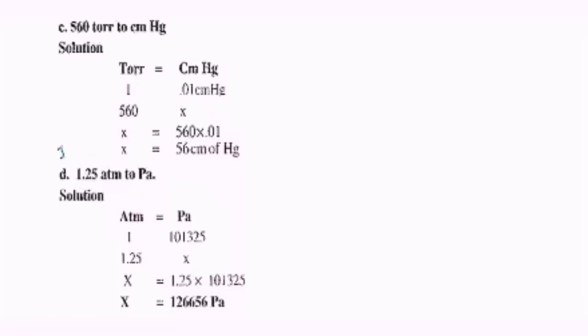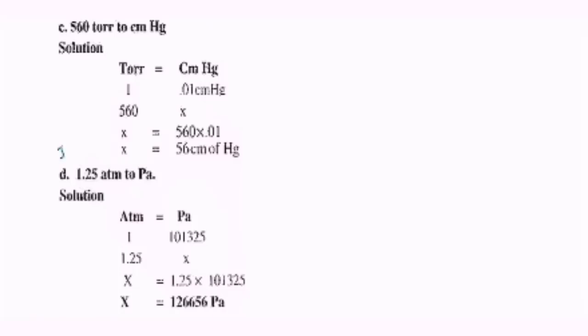Now why did we multiply instead of dividing? Because the value of torr is smaller than centimeter of Hg, hence the formula is inverted.